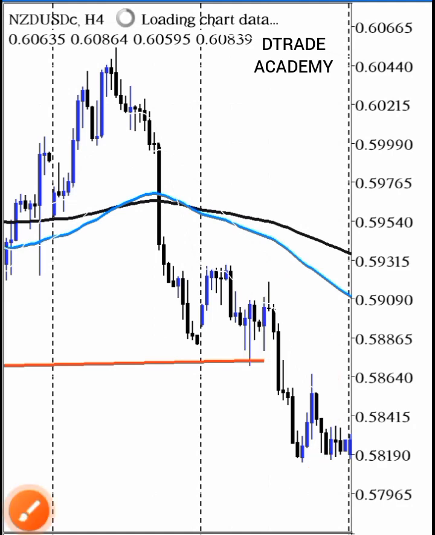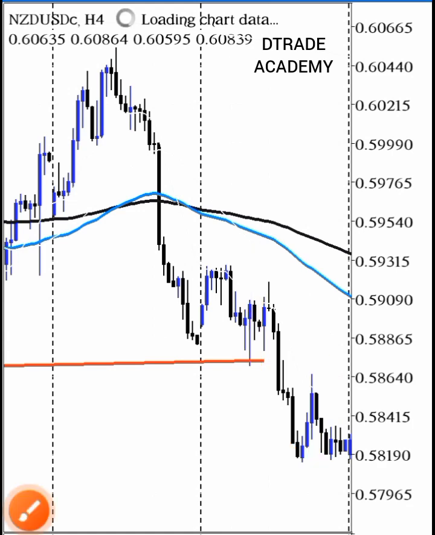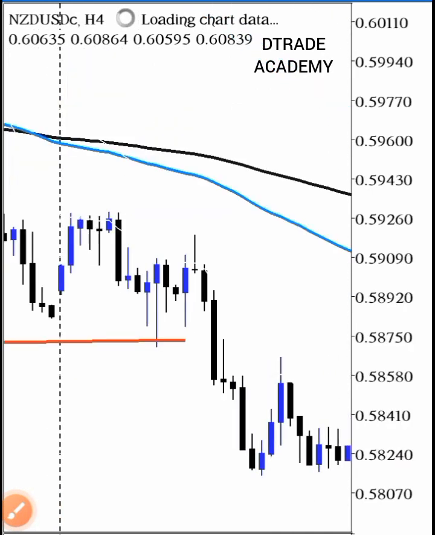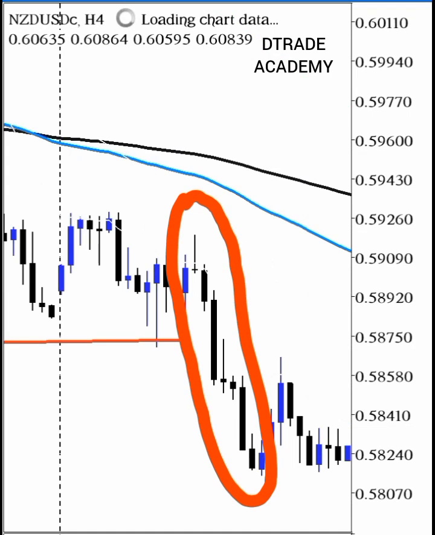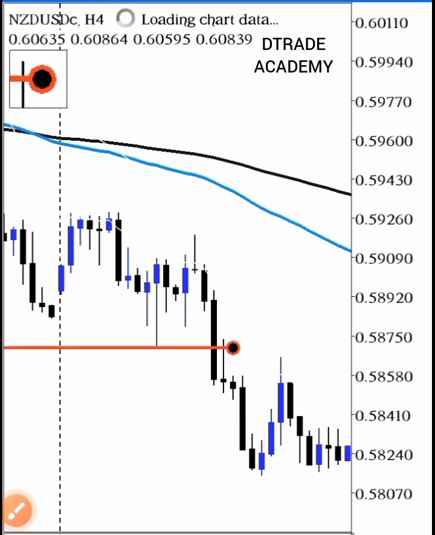You can see the candles that broke through. Now look at the candles that broke through. Let me zoom in. What type of candles did you see? We have black candles, bearish candles breaking through. So what do we do when price has broken through the low? This is the time we start looking for imbalance.